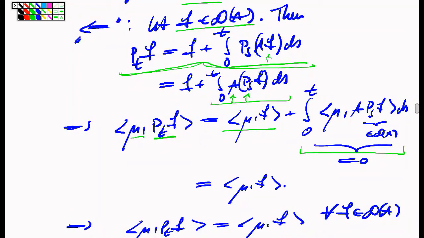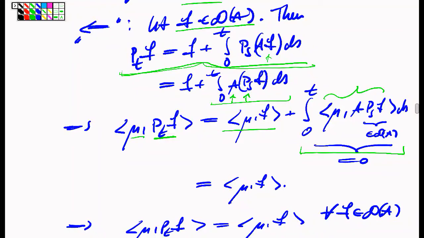If we look at all the expressions inside this time integral, there are these integral brackets, and we know that for a function f in the domain of the generator, the semigroup P maps it back into the domain of the generator.